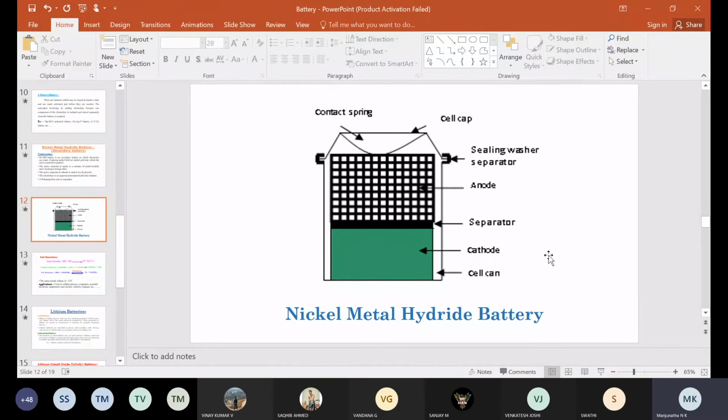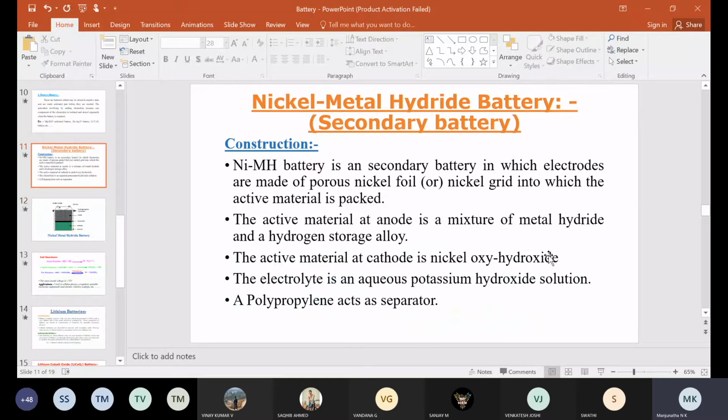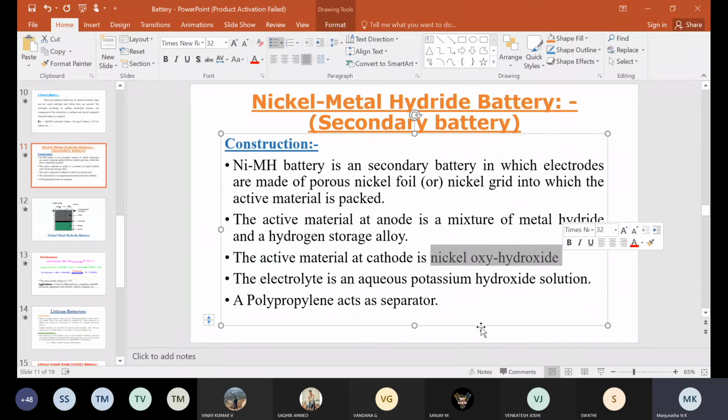Cathode, nickel oxyhydroxide. Next, electrolyte.